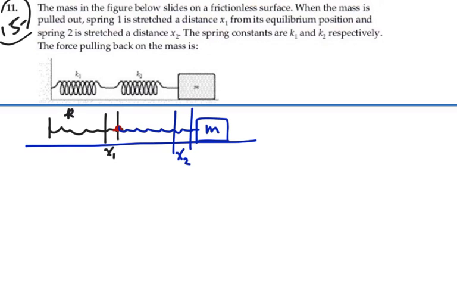So this is k1 and k2. If we were to try to describe this whole system, it could be a little bit complicated based on x1 and x2. But the question here is, what's the force pulling back on the mass?